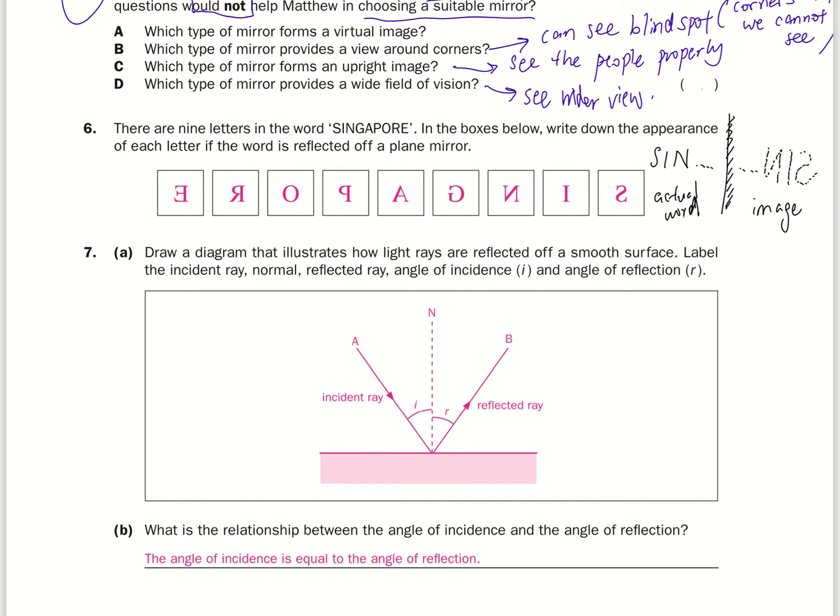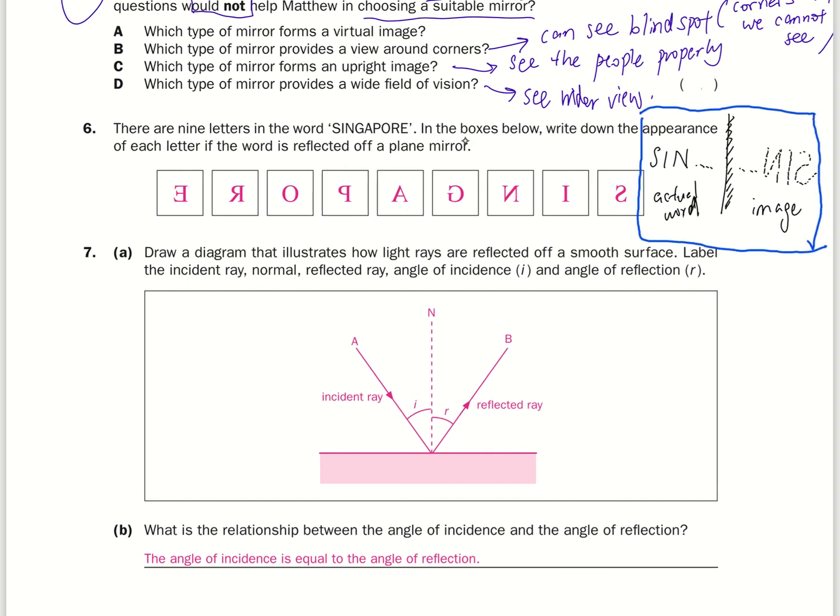and everything you see will be the opposite. So an example will be the small diagram I drew over here. So the actual word of Singapore, S-I-N, looks like this. So when we want to form the image, the N will be written oppositely, and I will still be I, but S will be written in the opposite manner.